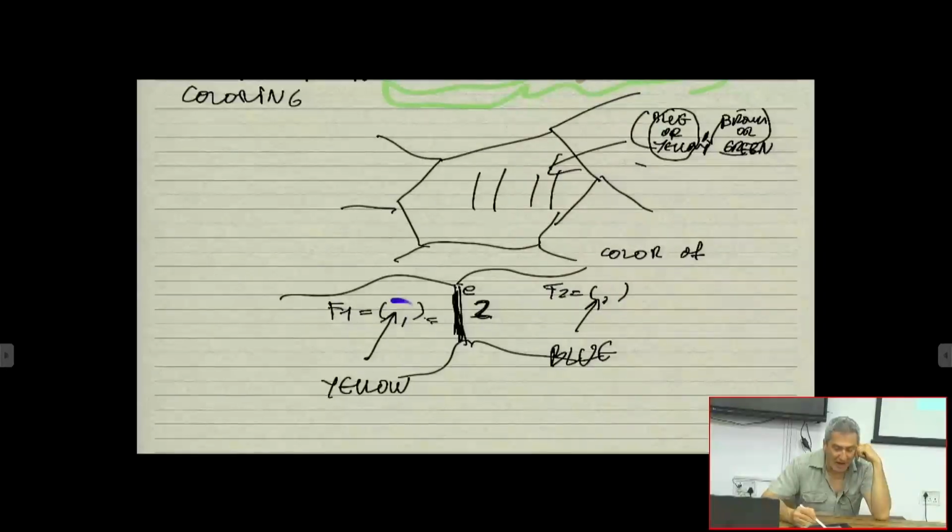Actually, these two colors will differ in both coordinates. If here is yellow, here will be blue, and if here is brown, here must be green. So we are going to distinguish these two colorings in both coordinates.